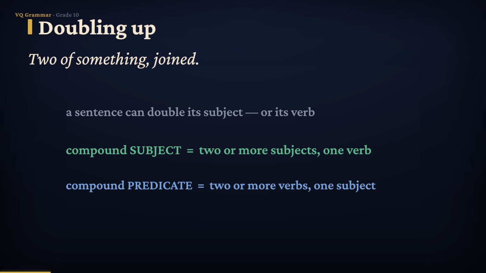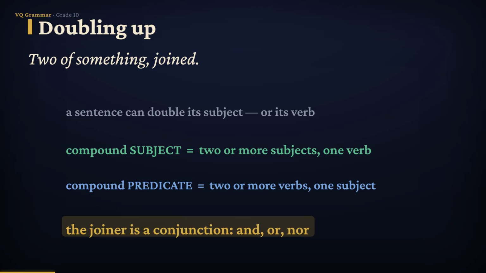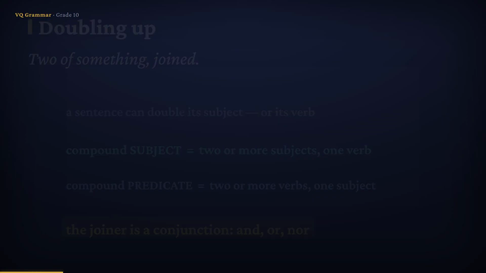And in both cases, the pieces are held together by the same little glue word. The joiner is a conjunction, and, or, nor. Keep that word conjunction in mind because it is the signal that a compound is coming.